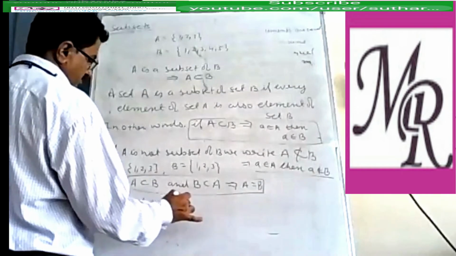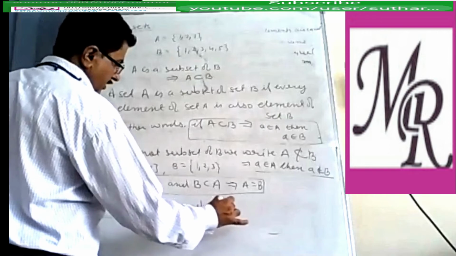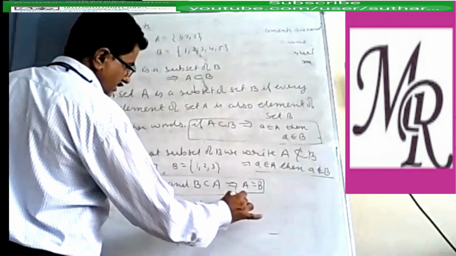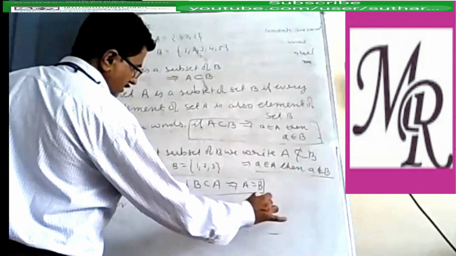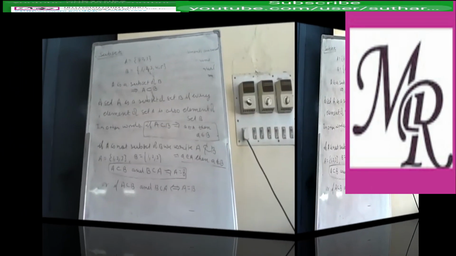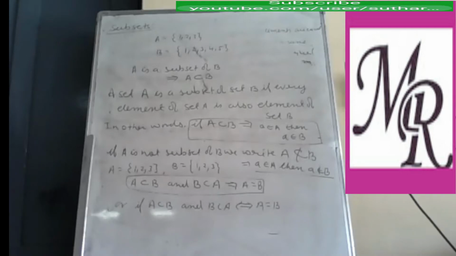A subset of B and B subset of A. Here we are using one more symbol.